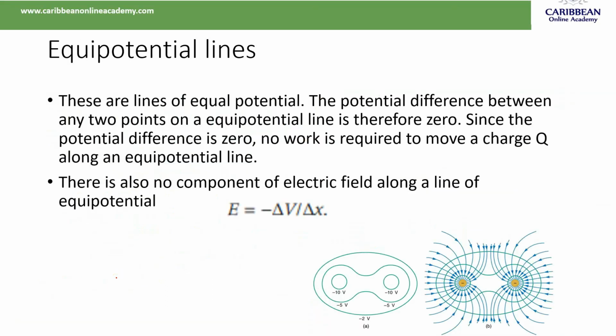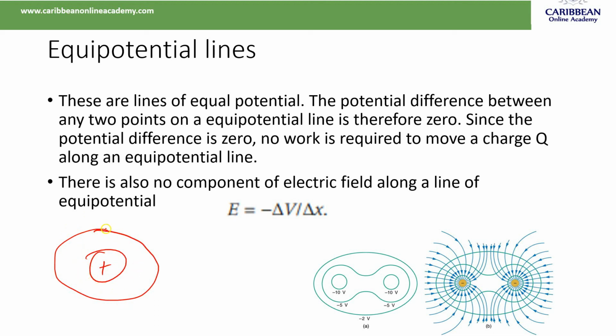All right. Now, there's another thing we need to talk about, which is what we call equipotential lines. These are lines with equal potential. Whenever you have a charged particle, imagine a positive charged particle, there are going to be imaginary lines around it, which we call equipotential lines.